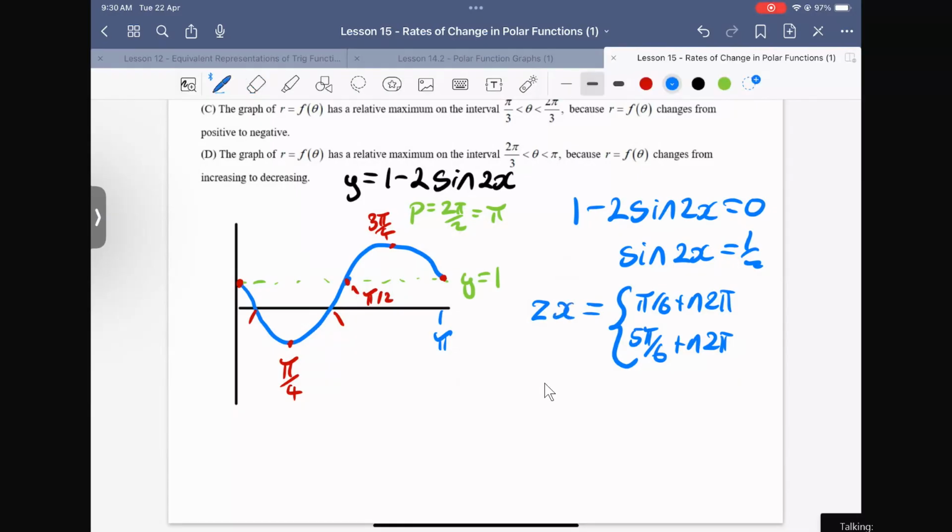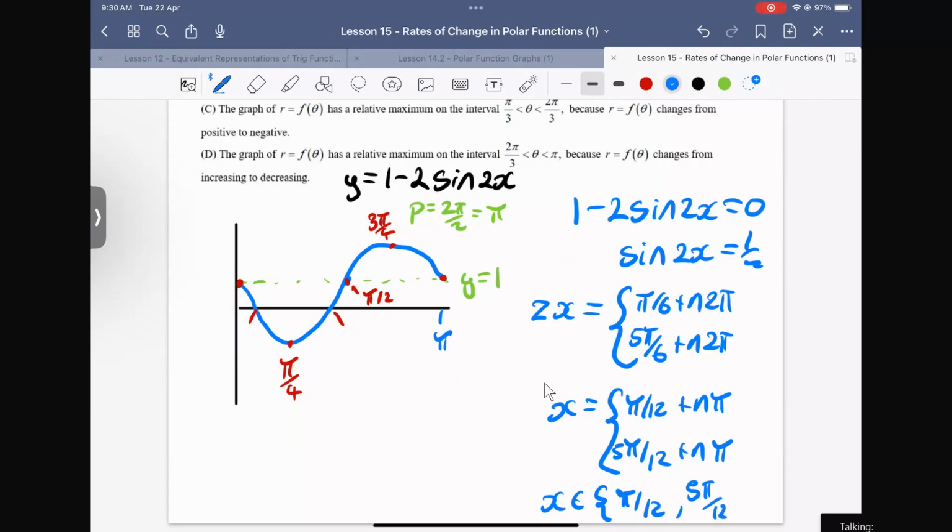So x is going to be pi over 12 plus n pi, or 5 pi over 12 plus n pi. We only want the first two solutions to this. So x is going to be pi over 12 or 5 pi over 12. This is pi over 12. This is 5 pi over 12.